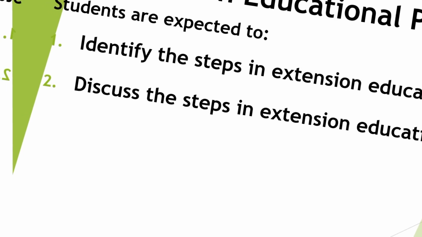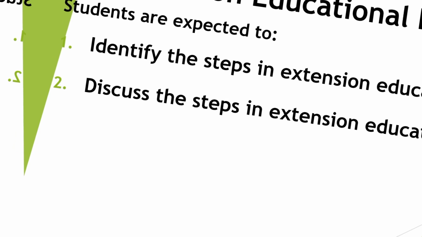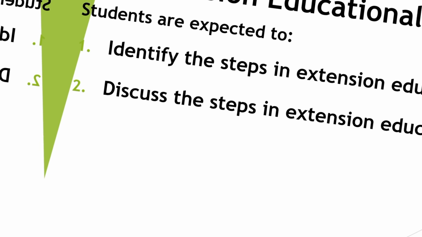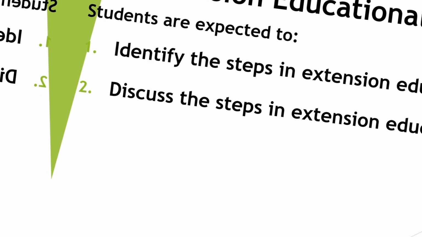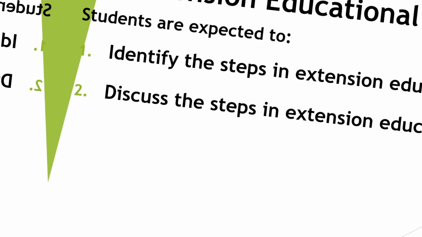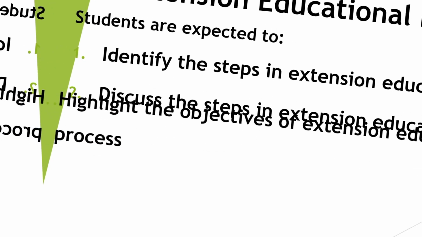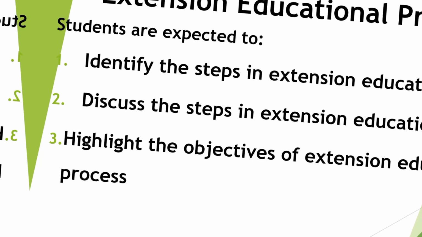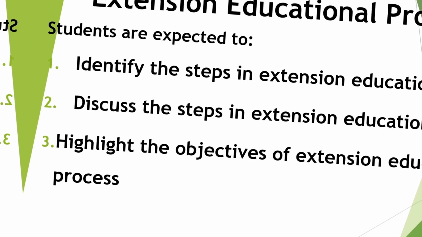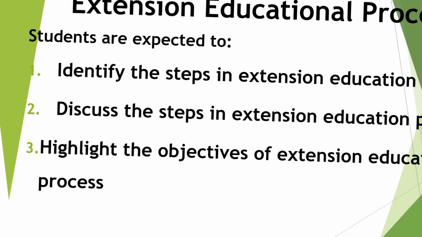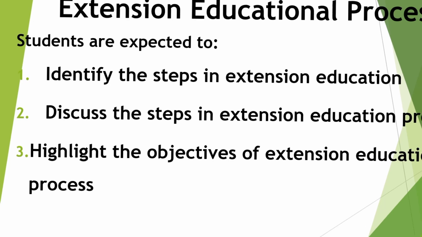The concept of extension education is intended only to clarify the steps necessary in carrying out a planned effort. It does not simply just mean for us to identify these steps, but we also expect that we should highlight the objectives of extension education process. So it does not only imply that these steps are definitely separate from each other.